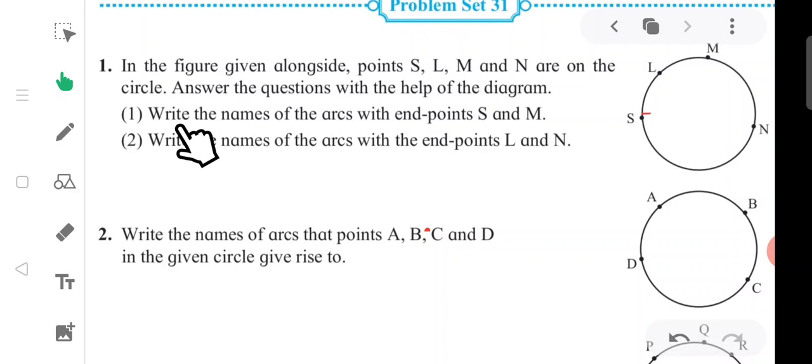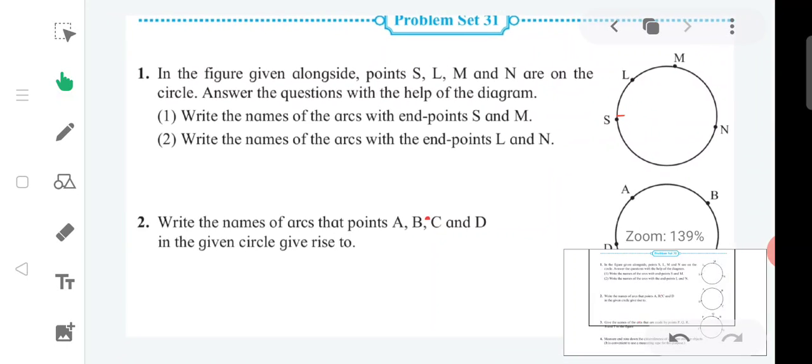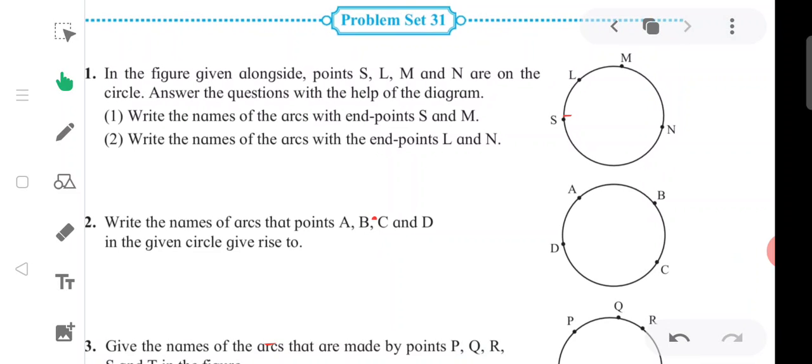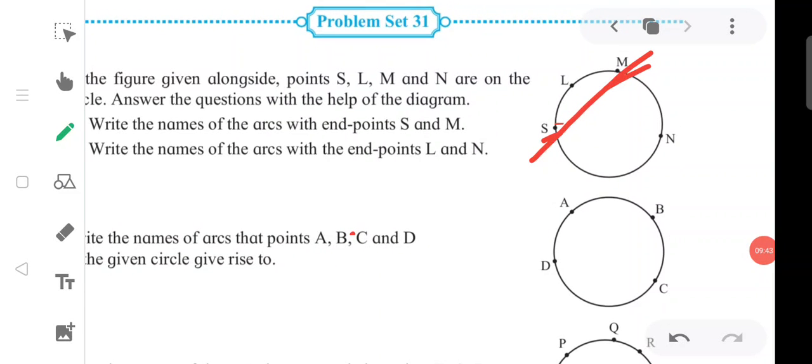See here, in the first one, write the names of arcs with end points S and M. We have to take end points S and M. That means we have to cut the circle on the points S and M. So we have 2 arcs, arc SLM and arc SNM.